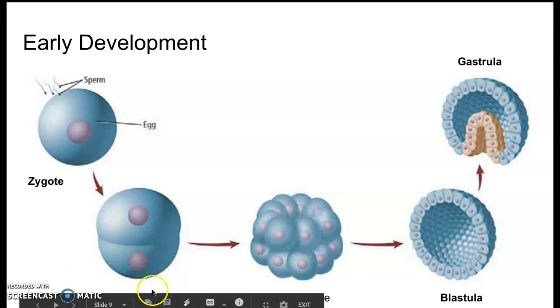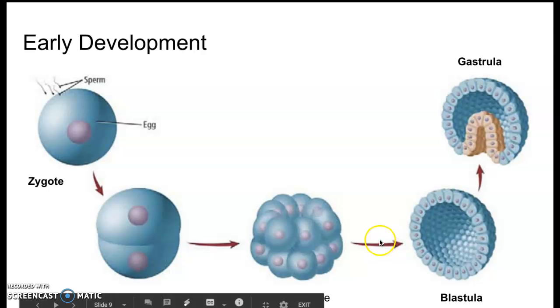So you have 2 cells here. After some time, you have 16 cells, and eventually you have a bunch of cells, and inside those cells there's a fluid that has been filled. So this is called the blastula. It's a group of cells filled with liquid.